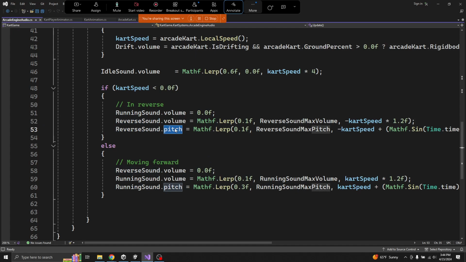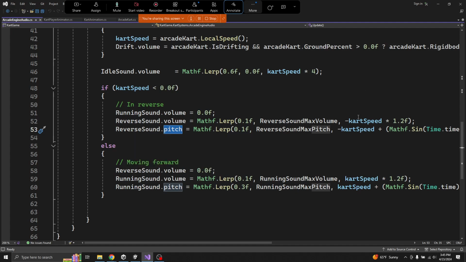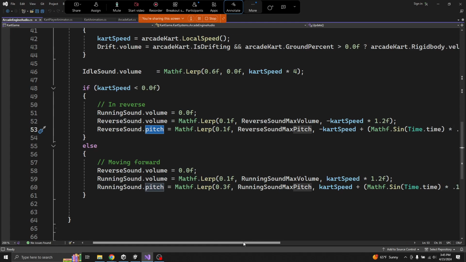And the pitch is like increasing the height of the sound waves, making it a higher frequency, going from a low pitch to a high pitch. So your reverse sound kind of raises in pitch based on how quickly you're putting on the foot pedal.